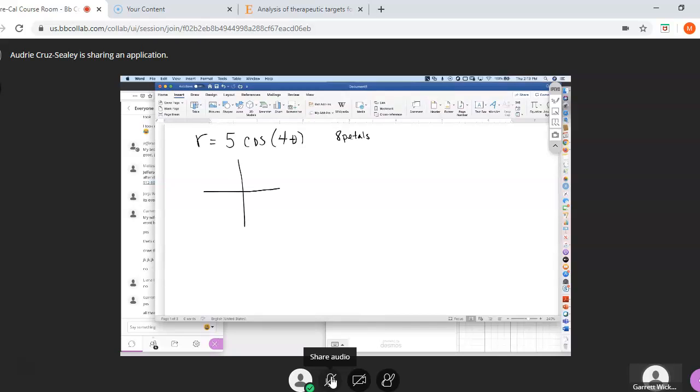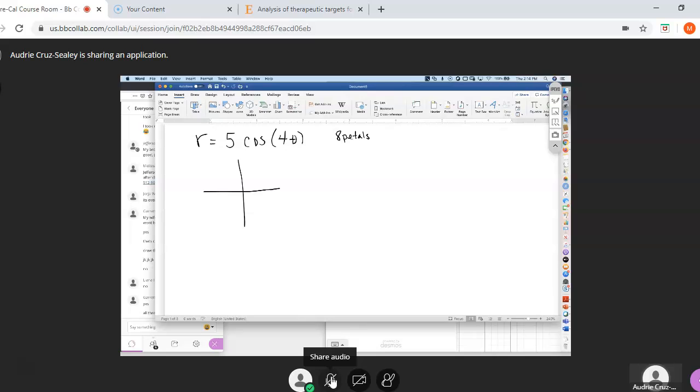So, even petals will be symmetric around all 3 just about every time, but odd, no. I'm looking at the third picture. If you look at the rose curves, look at the third picture where you have 5 petals. I see that to be symmetric about the line pi halves, so the y-axis, but it is not symmetric about the origin.